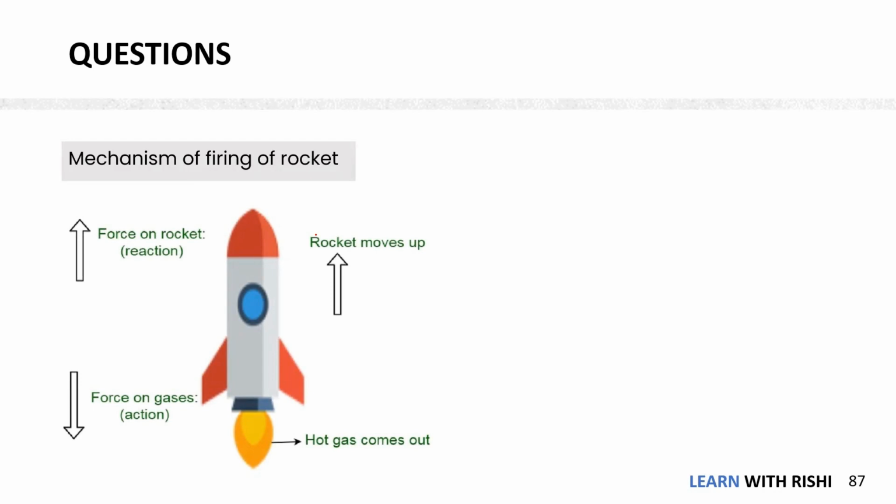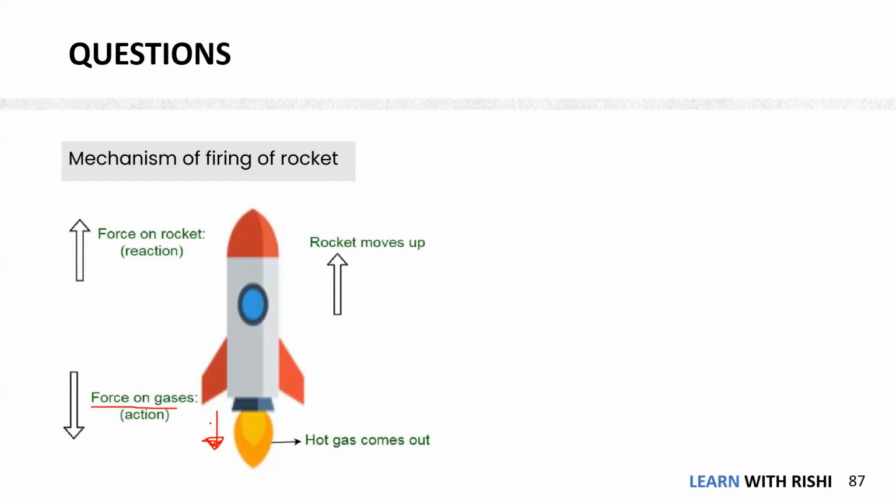There is fuel in the rocket, and when a chemical reaction takes place, the fuel burns. When the fuel burns, the exhaust gases escape with a great force. When there is a chemical reaction, there is a release of gases. So there is force on the gases and they exhaust in the backward direction, as you can see in the picture. So this is the force on the gases, which is our action.